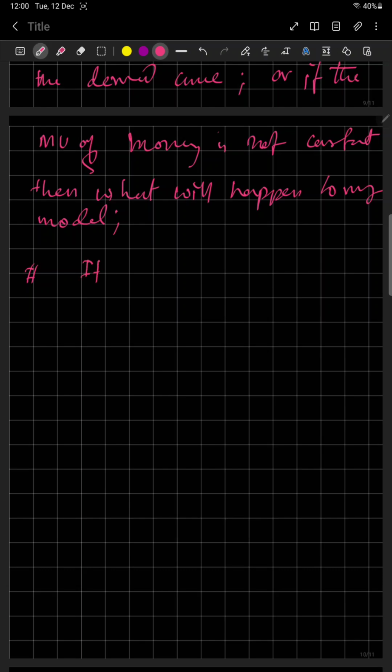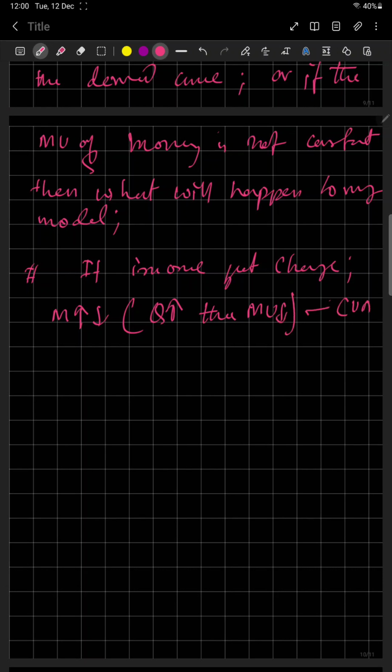So if income got changed, the quantity of money will increase or decrease. If money income means Q is changing, then marginal utility will fall according to the cardinal utility approach. If quantity rises, marginal utility will fall.